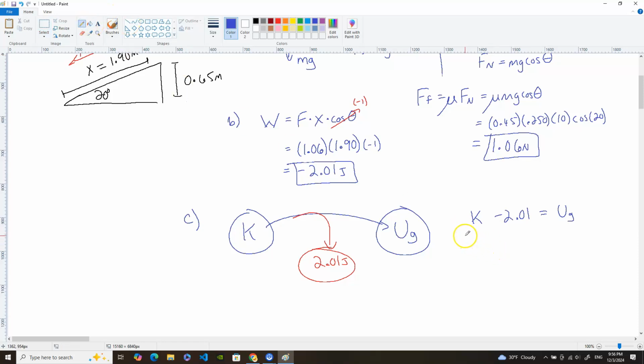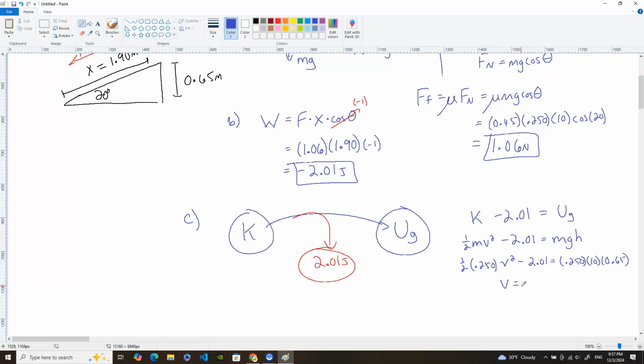The goal was to find the velocity of the block. So we're looking at 1/2 mv squared for kinetic minus 2.01 equals mgh. 0.250 because it was 250 grams. And once again, 0.250, 10, the height 0.65 that was given in the problem earlier.